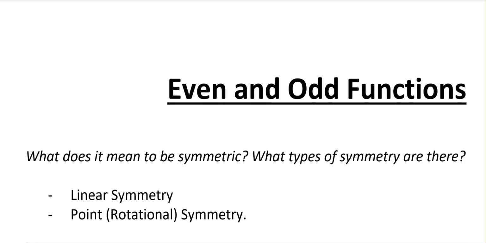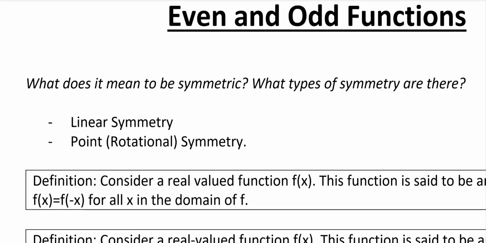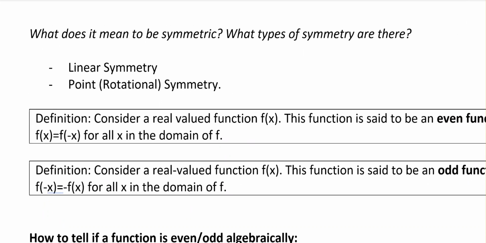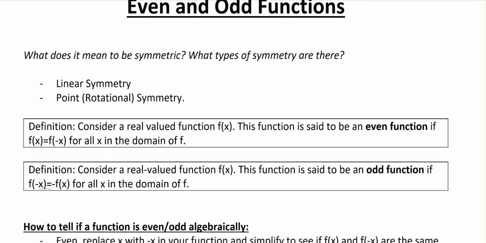Another type of symmetry that we sometimes care about is called point or rotational symmetry. So that's kind of, think about it as flipping over multiple lines or turning something. Now, we have two types of symmetries that we're interested in today, even and odd. The first one is even, the second one is odd.